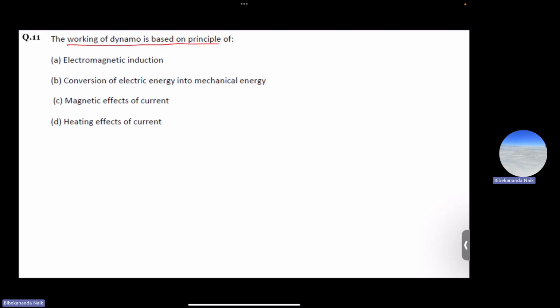You need to find out the actual working principle of a dynamo. I'll give you a few minutes, and then we will discuss briefly the working principle of a dynamo and determine the correct answer.